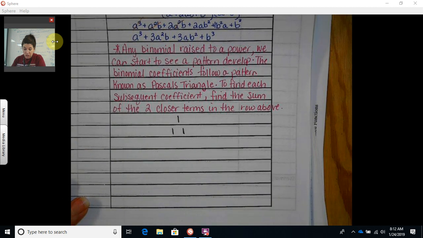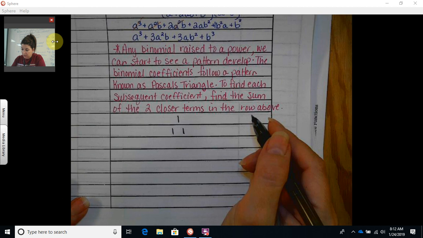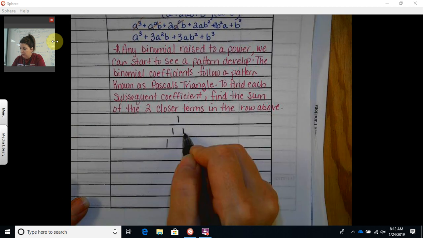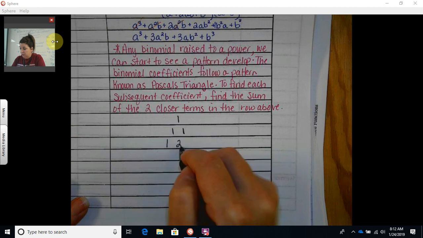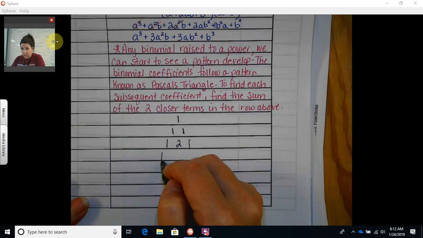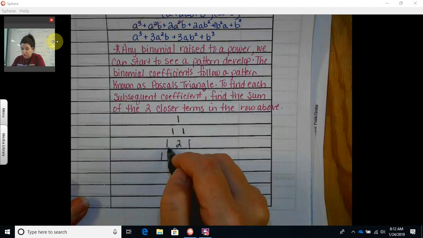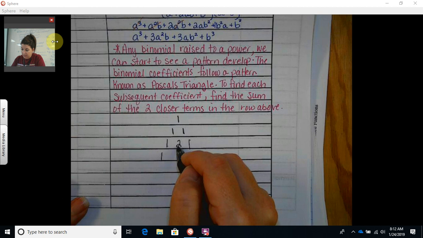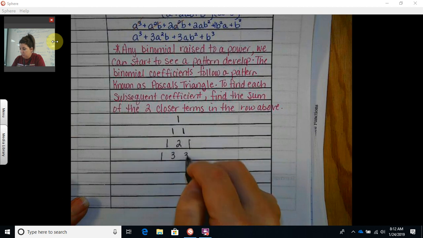Okay, so my next row, I have a 1 on the outside, then I add the 2 numbers together above, that gives me a 2, and then I put a 1 on the outside. My next row starts with a 1. These 2 numbers, 1 plus 2 is 3. 2 plus 1 is 3. Put a 1 on the outside.